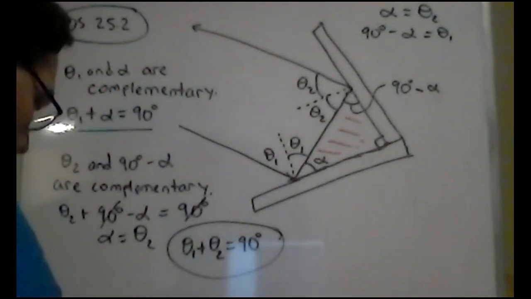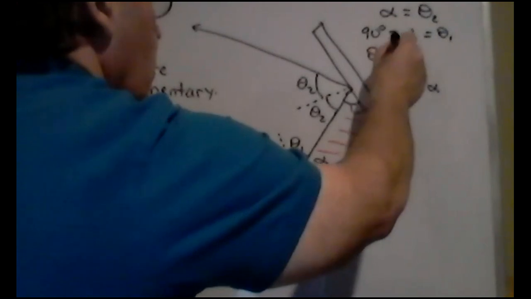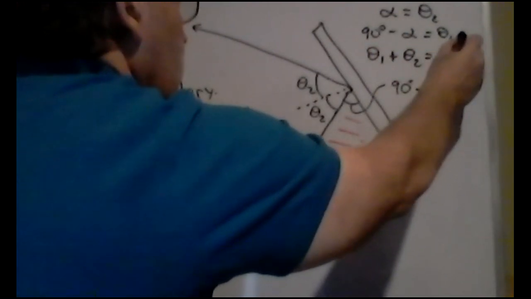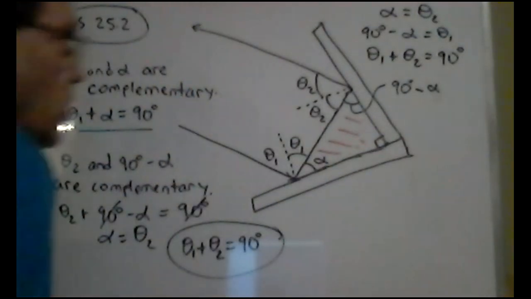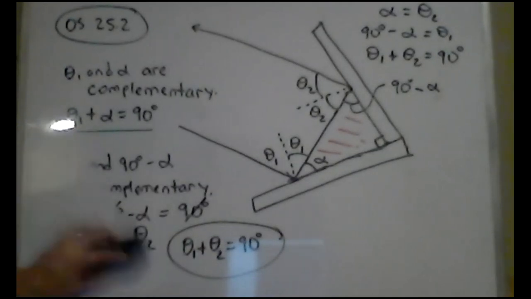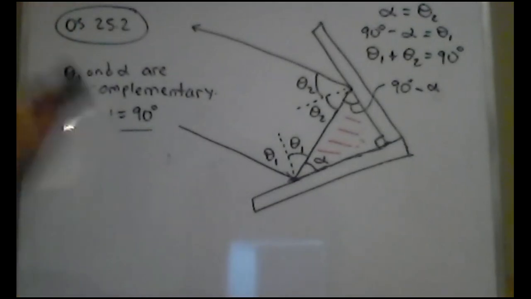And I also know that theta 1 plus theta 2 equals 90 degrees. Putting what I know in the parking lot, because I always have a real estate challenge here. So now what's next?